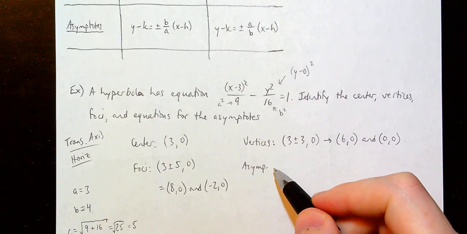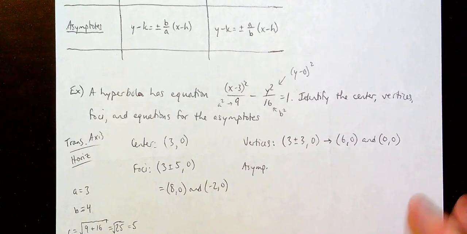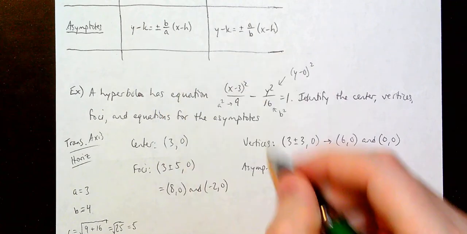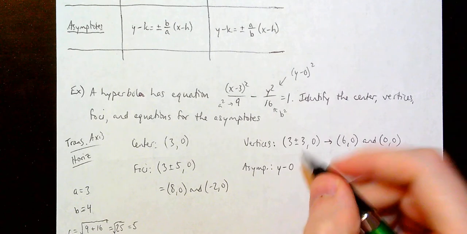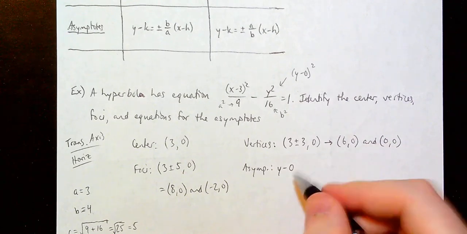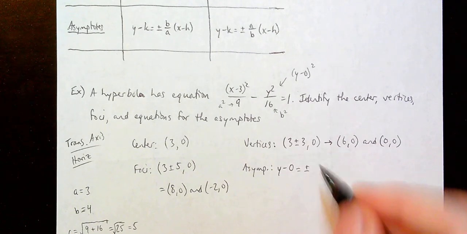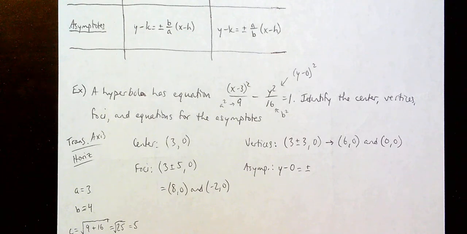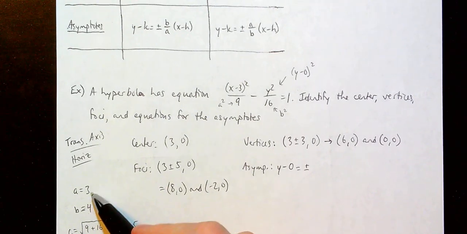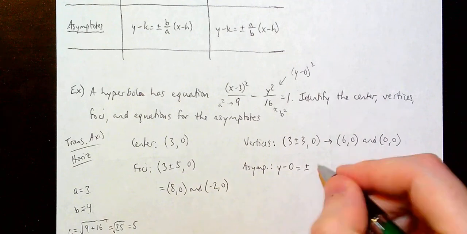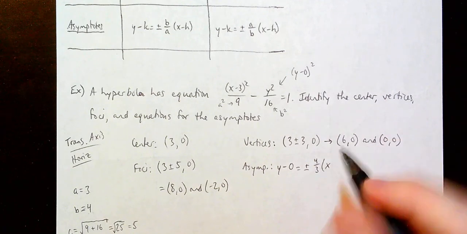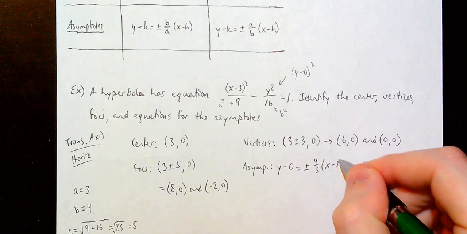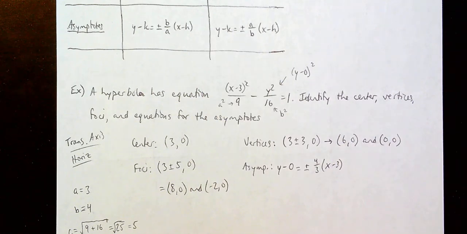And lastly, the equations for the asymptotes. We have y minus k. Here the k value is 0, equals plus or minus. Now it's b over a, so 4 over 3 times x minus my h value, x minus 3.